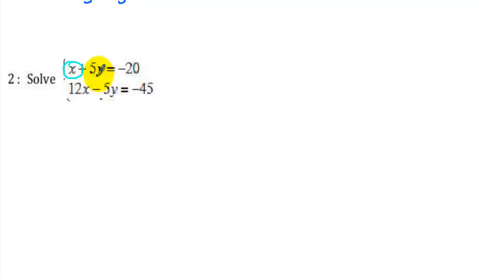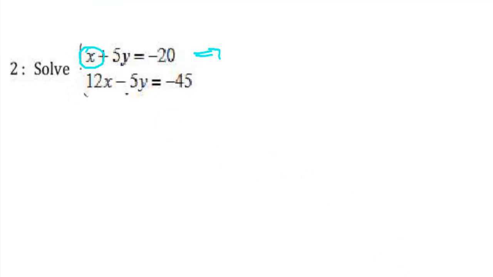And whenever you divide, there's a possibility, well, in this case, you will have a denominator of 5. So I don't recommend having a denominator when you solve by substitution. Same thing with your second equation. When you solve for x, you are going to divide by 12 later on, and then you will have a fraction. If you solve for y in your second equation, you will divide by -5, and you will end up getting a denominator. So let's just solve for x from our first equation.